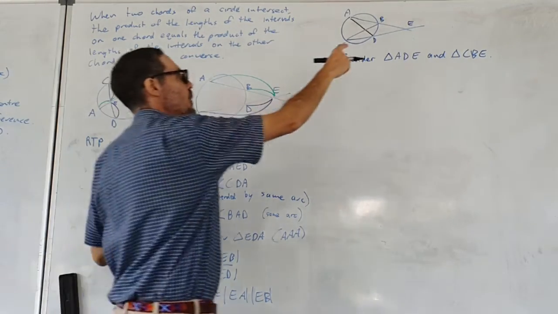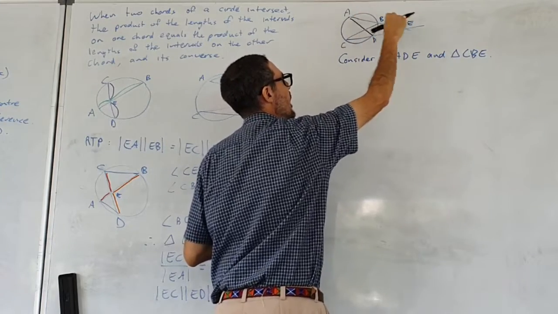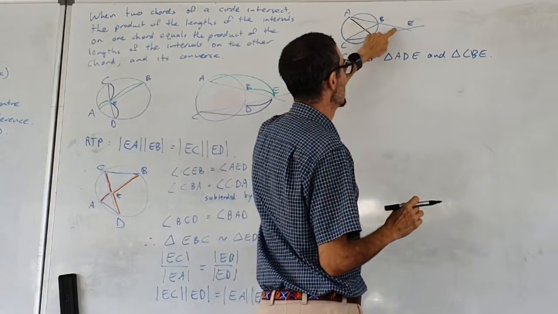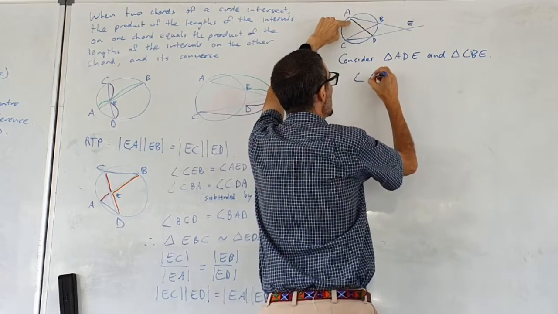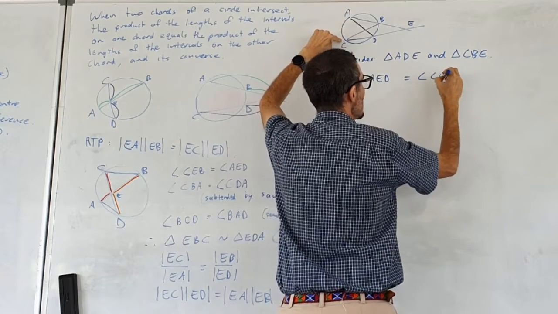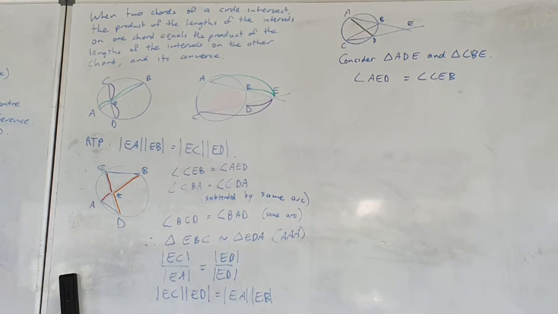Not the ones inside, there's one here and one here. Obviously, they have this angle in common. So, AED is CEB. They're the same angle. They're exactly the same angle.